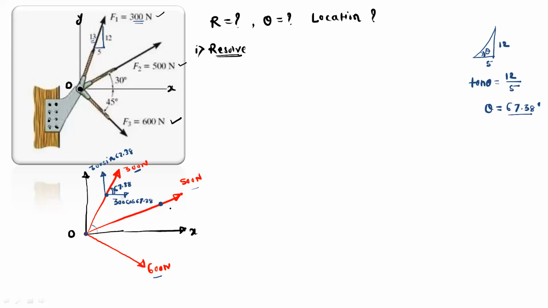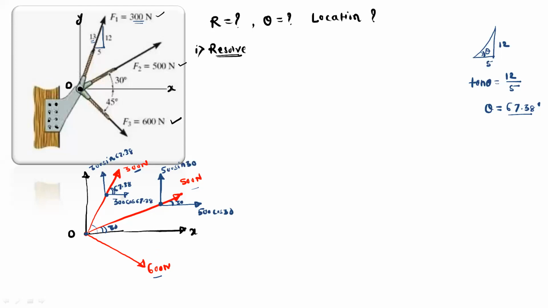Select a point on the line of action, draw a horizontal line, and draw a vertical line. This angle is nothing but this angle and it is given as 30 degree. So this is also 30 degree. The x component here is equal to 500 cos 30 and the y component is equal to 500 sin 30.